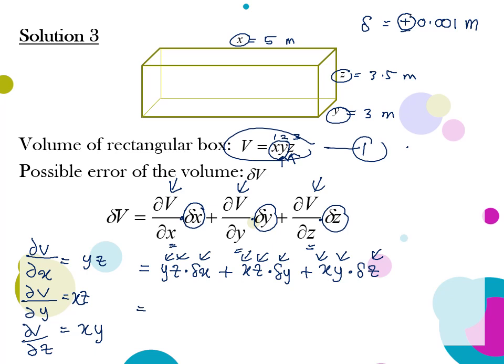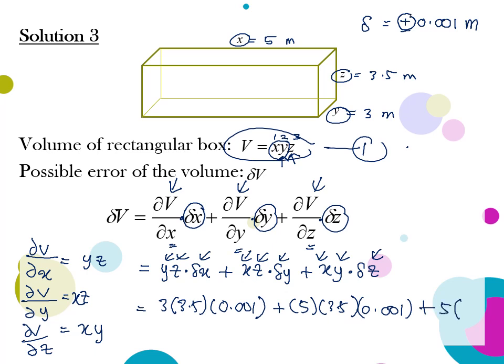What is your y? Y is 3. What is your z? 3.5. And the increment is the same for all the lengths. So x is 5, z is 3.5, times 0.001, plus x is 5, y is 3, and the increment is 0.001.